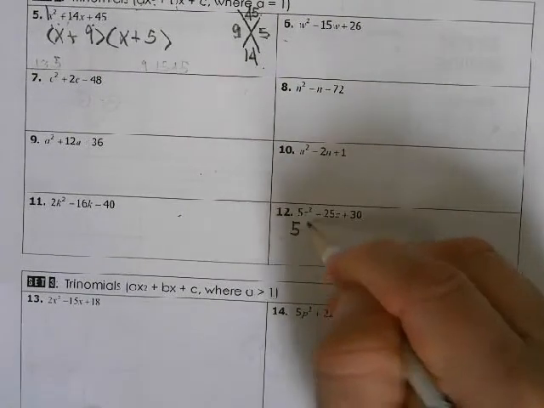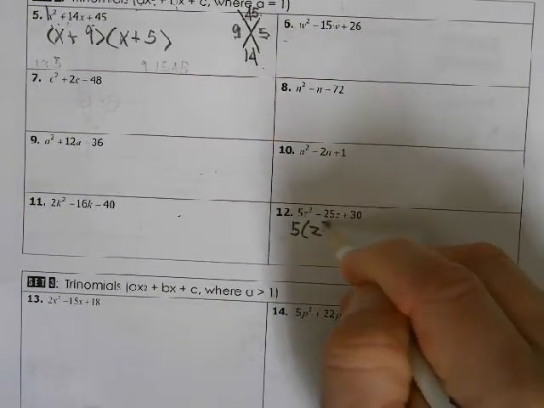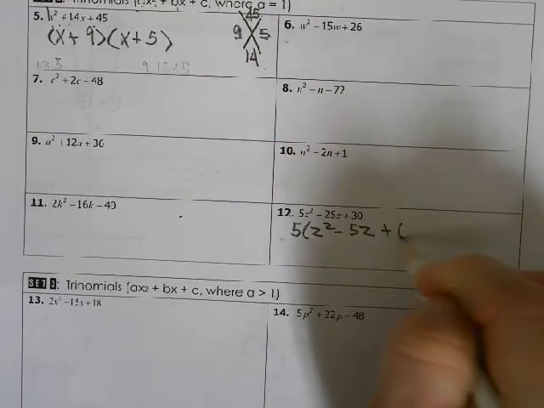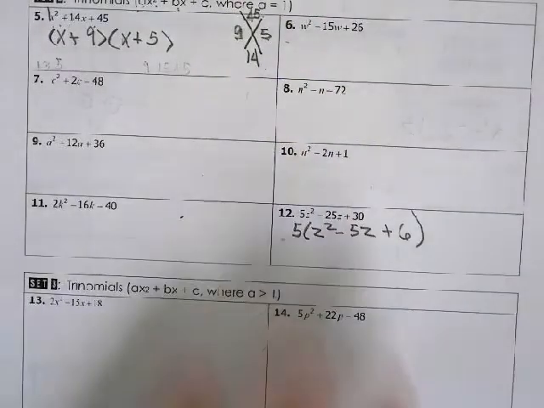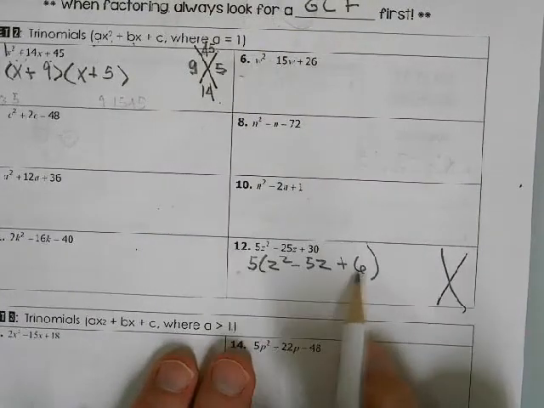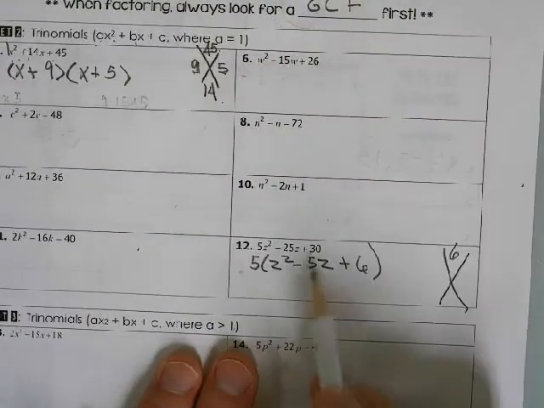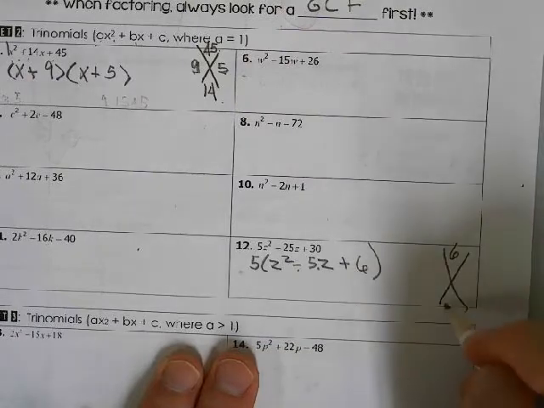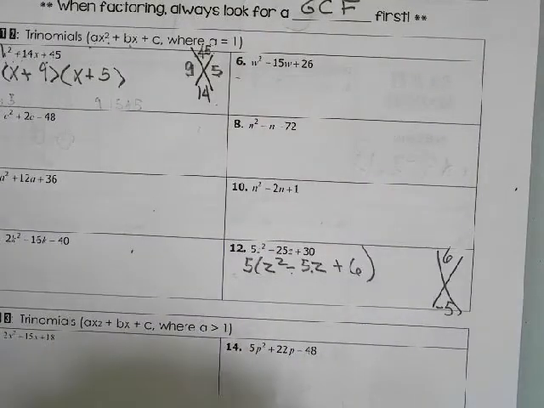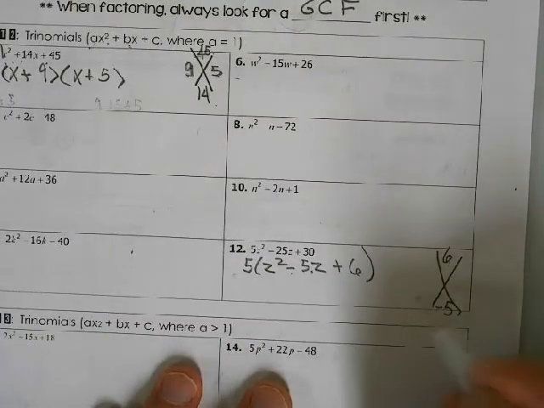So we can go ahead and factor out the 5. That leaves z squared minus 5z plus 6. Then you say 1 times 6 is 6, and negative 5 here is the difference. So two factors of 6 that add up to negative 5.